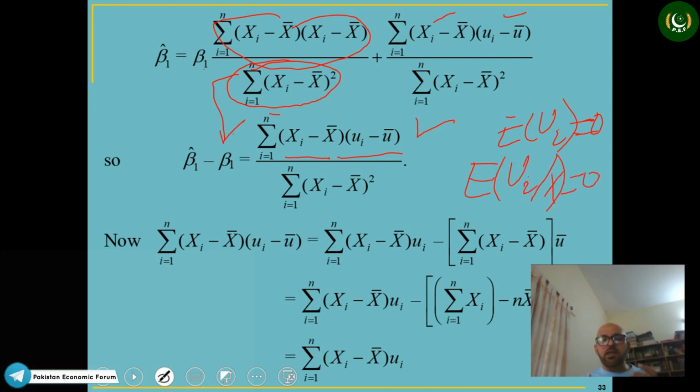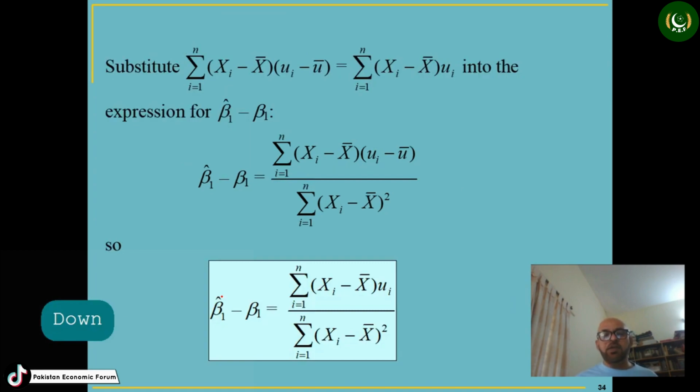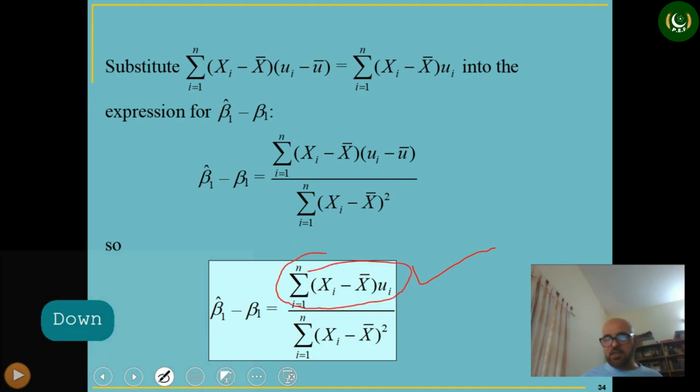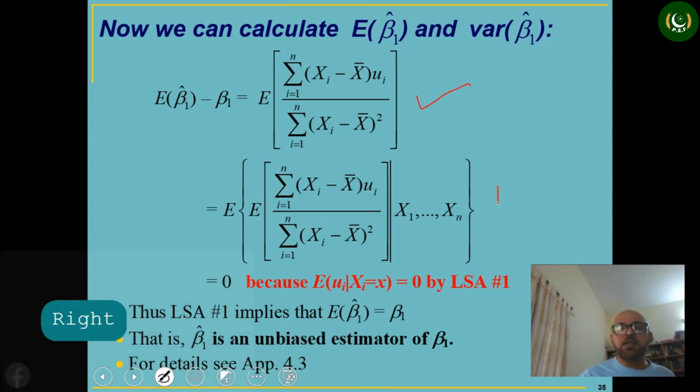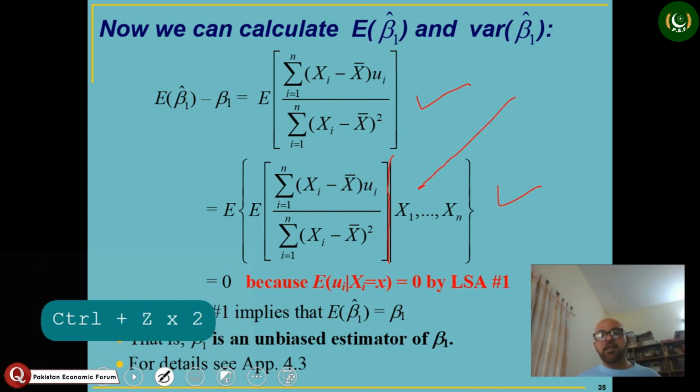So you have to do a little mathematics. It's given in the appendix of chapter 4, and with a little algebra you will come up with this result, beta 1 hat is equal to this one. Now you have to apply expectation on it. When you apply expectation, you have the law of iterated expectations, and this line is basically given that x1, x2 and so on.